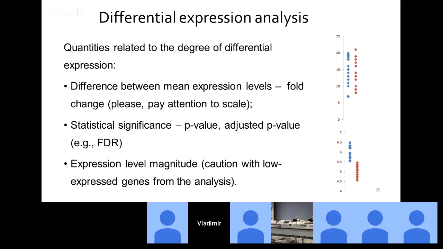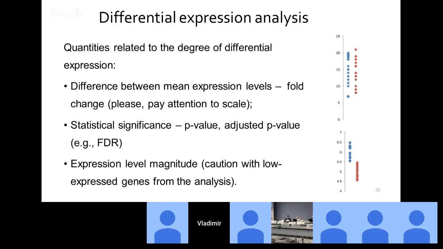The idea behind the analysis is to identify genes that have essentially different expression levels in these two groups. For example, genes with high expression level in one group and low expression level in another group.